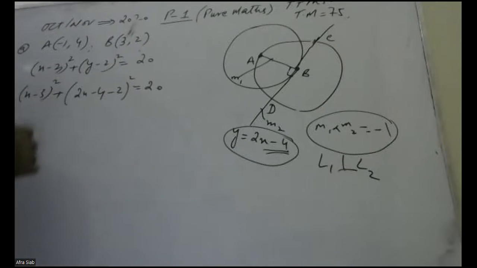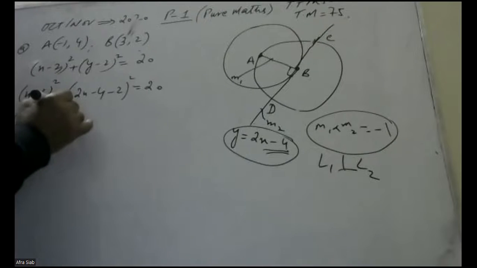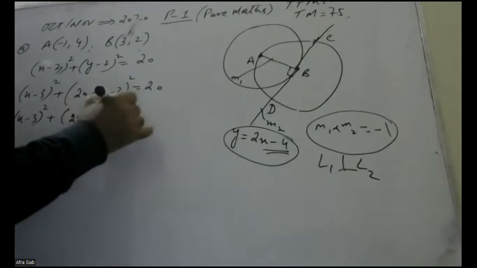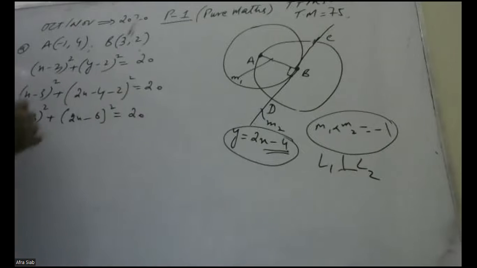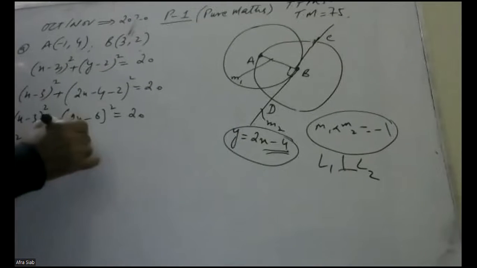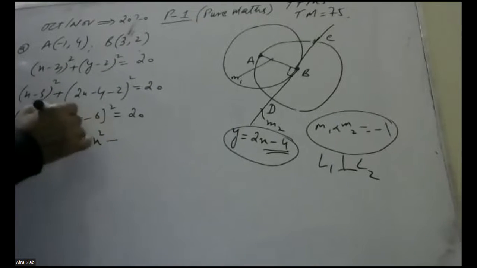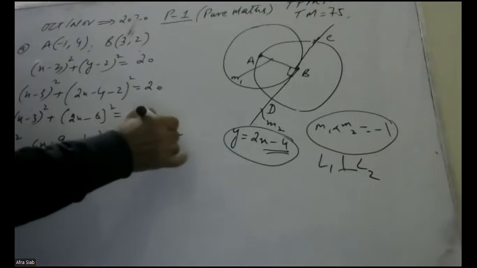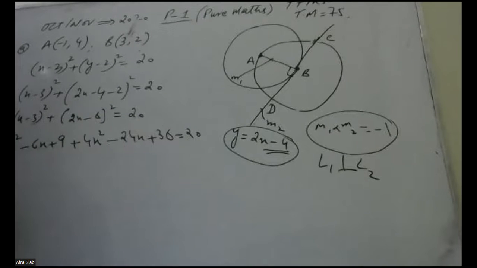This becomes (x minus 3) squared plus (2x minus 6) squared is equal to 20. Then by using (a minus b) whole squared, x squared minus 6x plus 9 plus 4x squared minus 24x plus 36 equals 20.